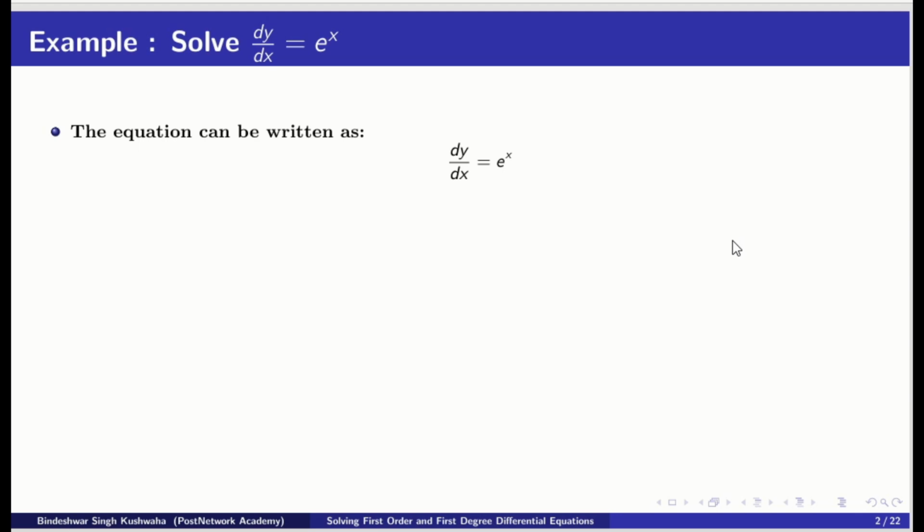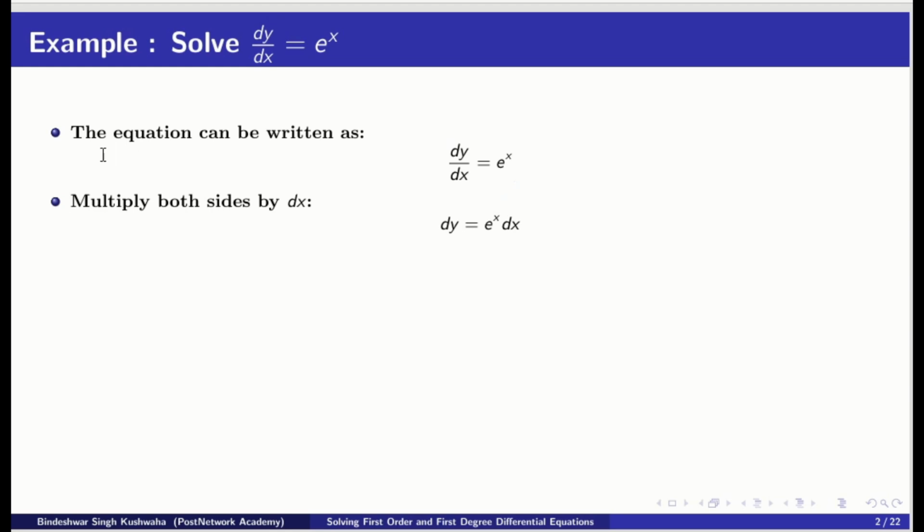So the first differential equation we have is dy over dx equals e raised to x. We will use this method. We will separate dy and dx and thereafter we will integrate both sides.